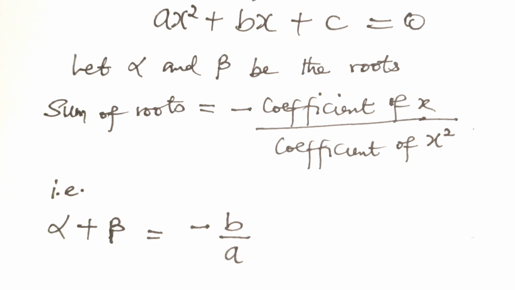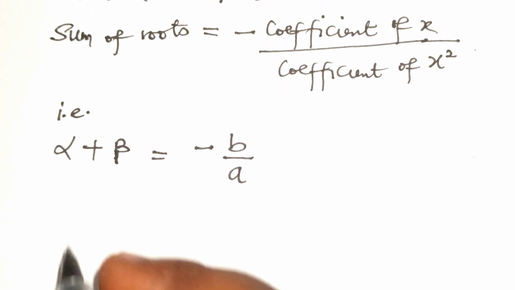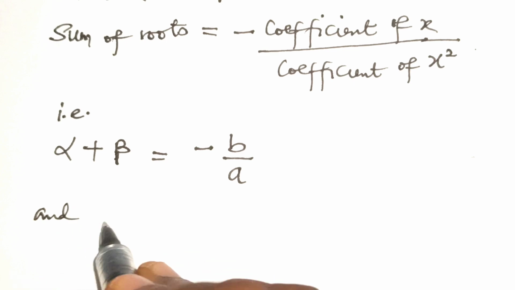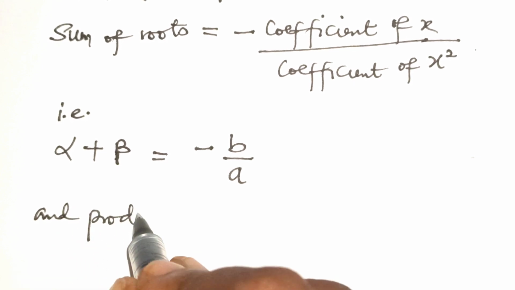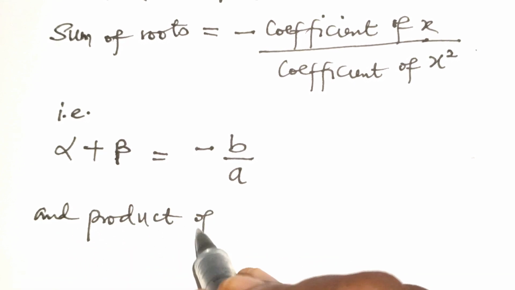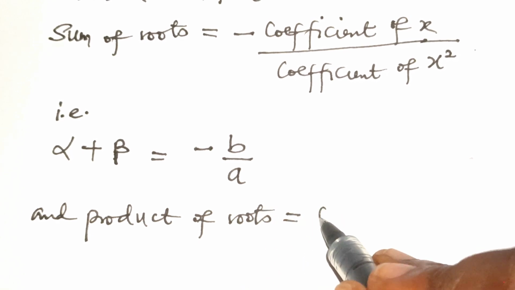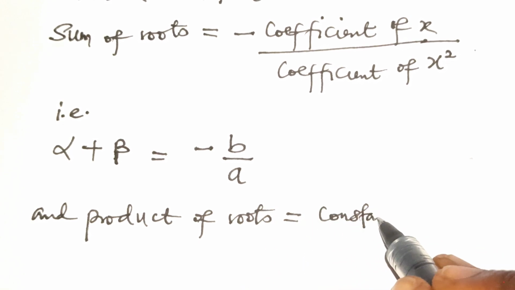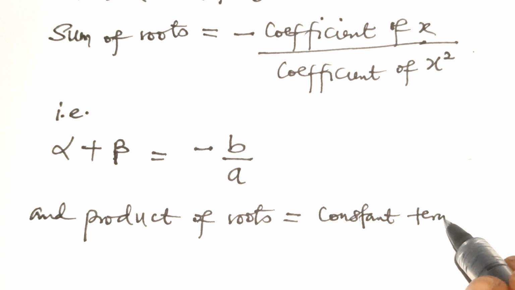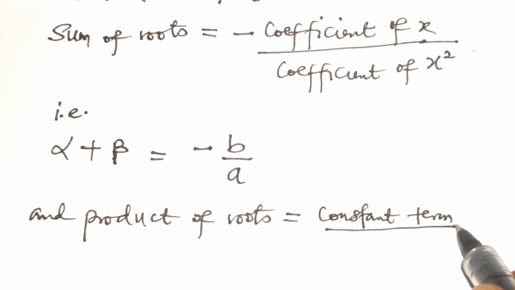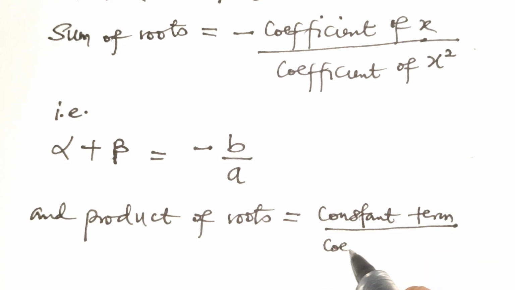And the product of roots is equal to the constant term divided by the coefficient of x squared.